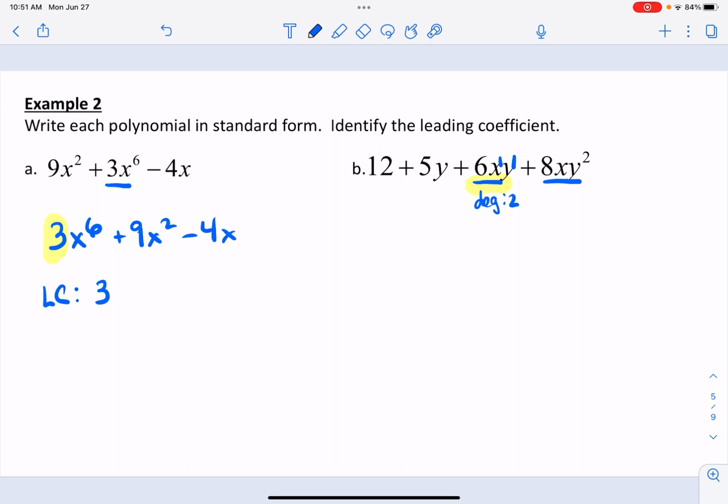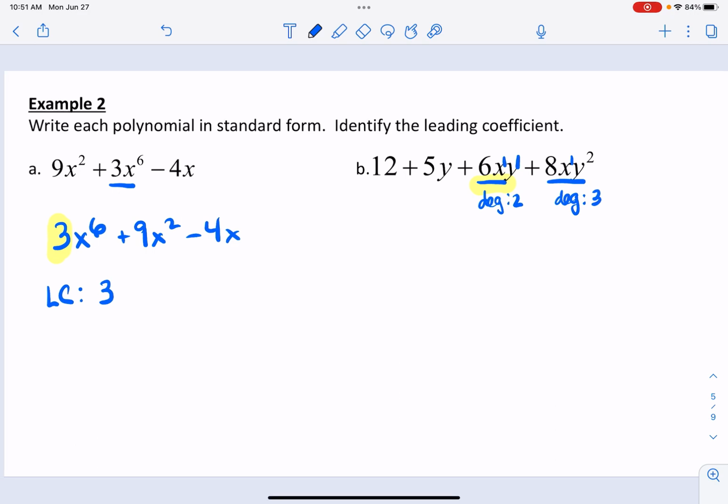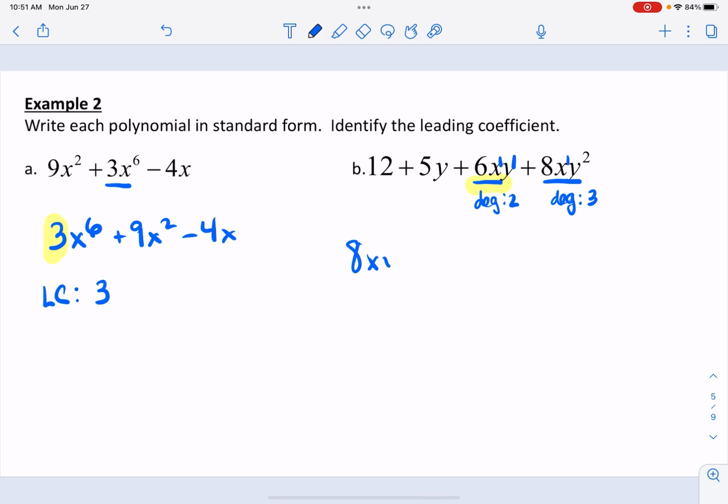The x has a degree of 1, the y squared has a degree of 2, so you add those together, and that's a degree of 3. So technically that 8xy squared is my first term. Then I go to my 6xy, then 5y, then 12. My leading coefficient then is 8. I actually learned something when I was putting this presentation together.